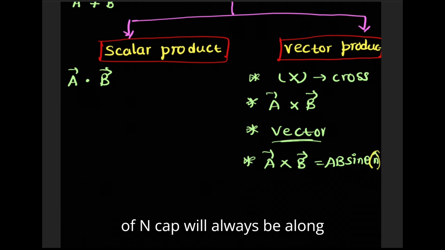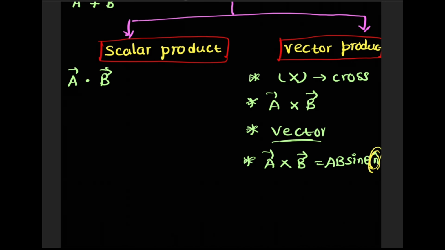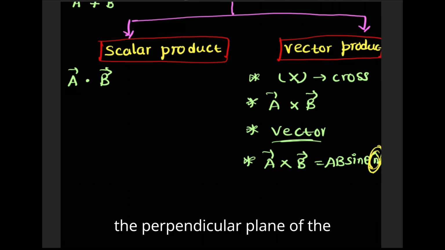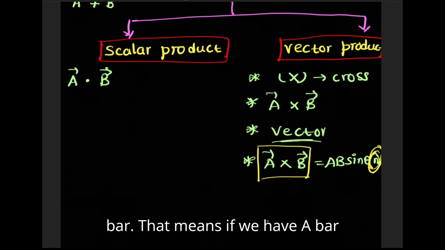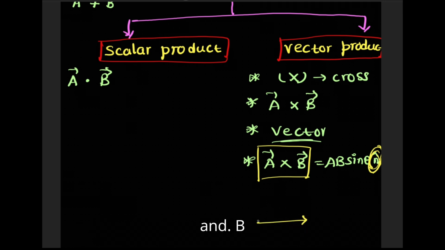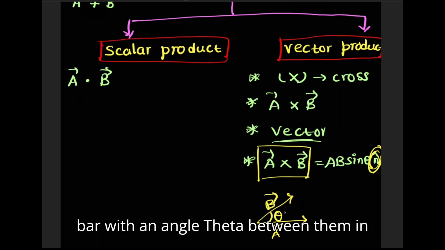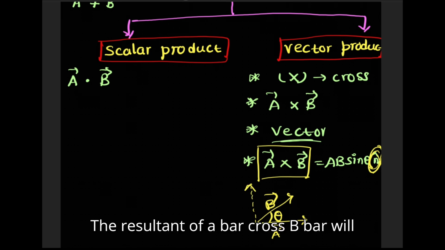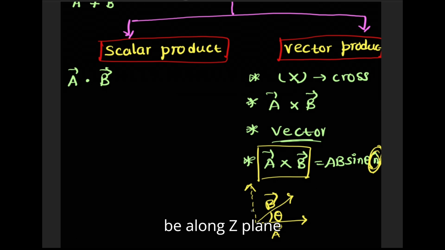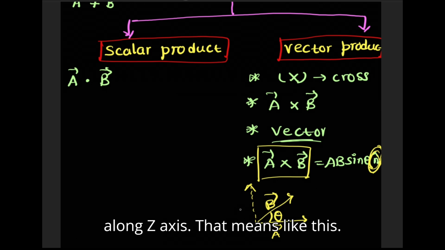The direction of n cap will always be along the perpendicular to the plane consisting of a bar and b bar. That means if we have a bar and b bar with an angle theta between them in the xy plane, the resultant of a bar cross b bar will be along the z axis. That means like this.